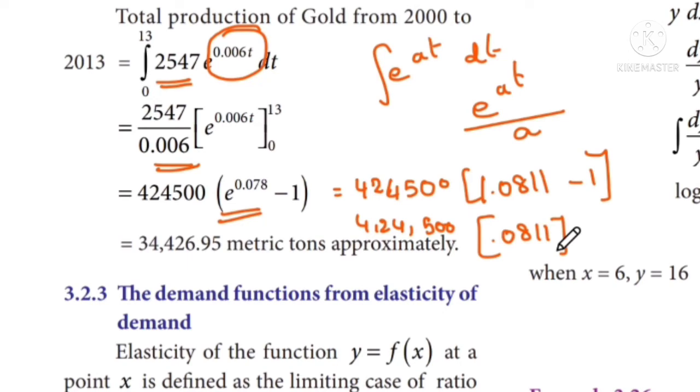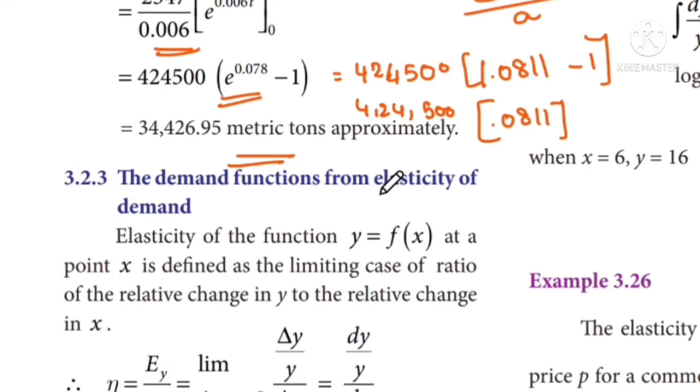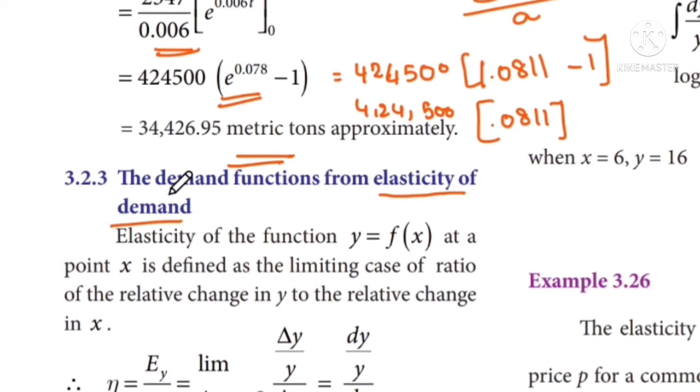Now multiply this, you will get 34,426.95 metric tons. So after 13 years, it will be 34,426.95 metric tons.